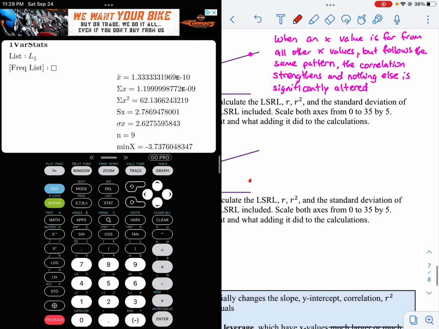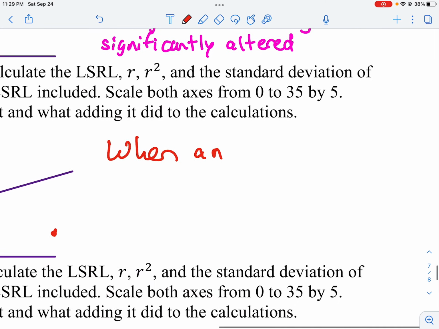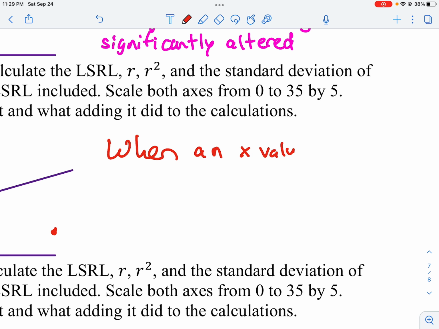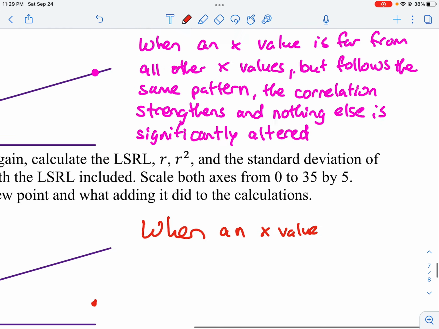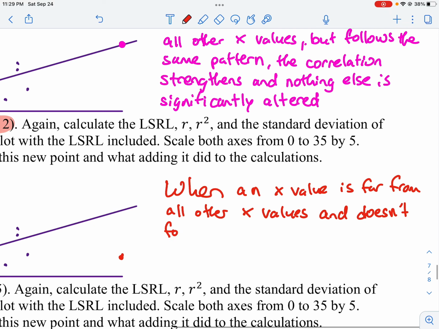Okay, so when an X value, and we're going to use kind of the same wording as before, is far from all other X values, again, extrapolated value, and doesn't follow the same pattern.